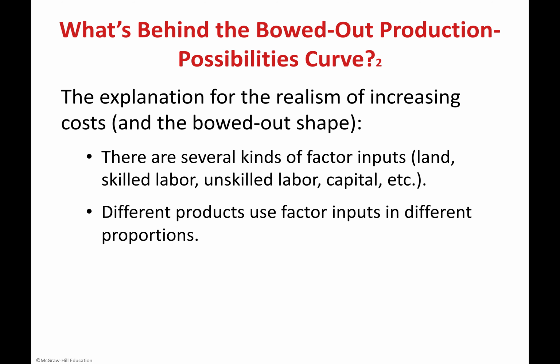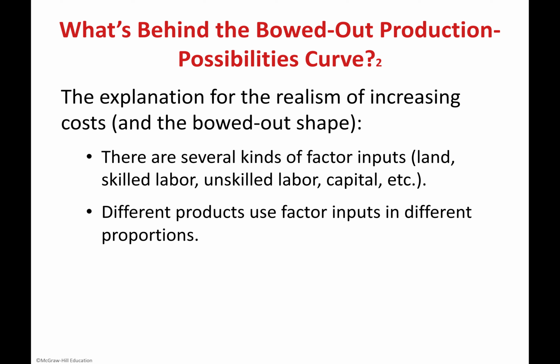Here he just goes into the explanation I've already given. There are several kinds of factor inputs: land, labor, unskilled labor, capital. Different products use different inputs in different proportions. So as I said, certain products may require more skilled labor than unskilled labor, and therefore moving the factors of production around into different industries may not yield very high output.